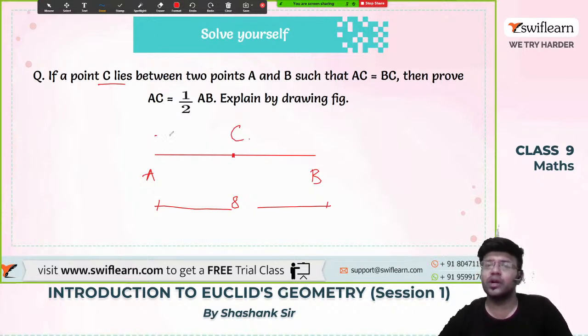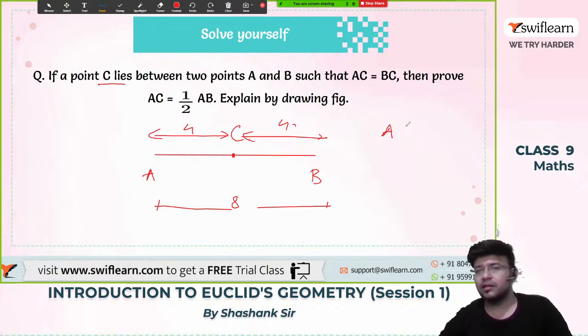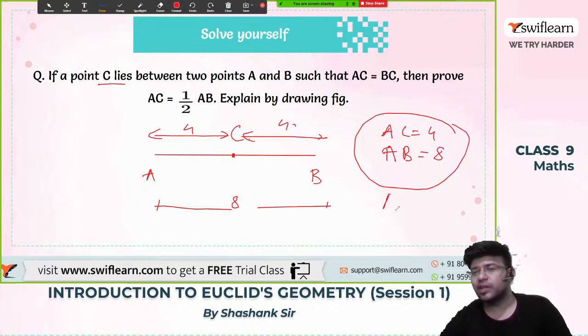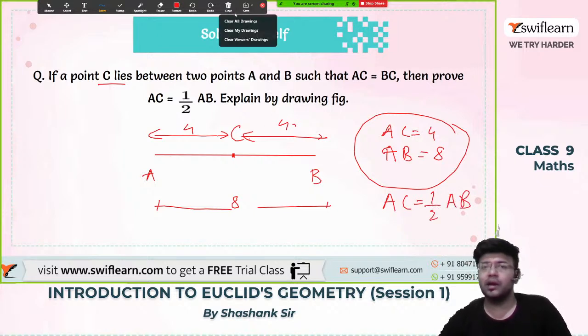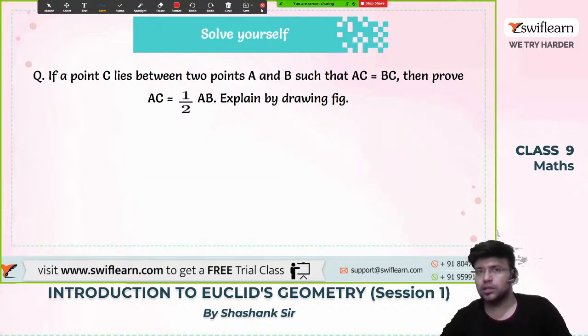What will this distance be? This distance will be 4. This also distance will be 4. Prove that AC is half of AB. AC is equal to 4. AB is how much? AB is 8. Now compare these two results. Can we say AC is half of AB? Yes, we can. And hence we have proved this.